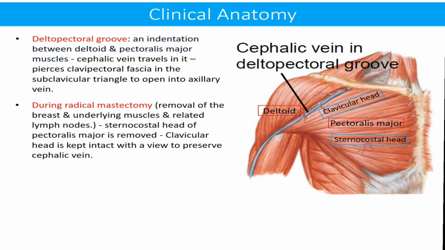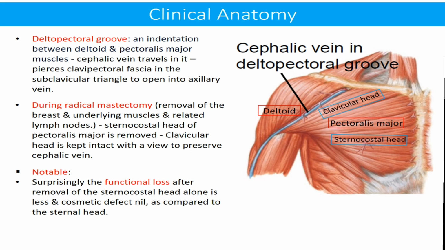During radical mastectomy, removal of the breast and underlying muscles and related lymph nodes, the sternal head of the pectoralis major is removed. The clavicular head is kept intact with the view to preserve the cephalic vein.